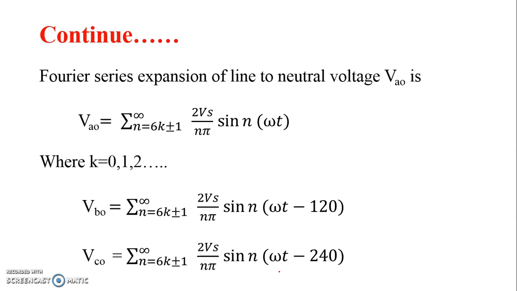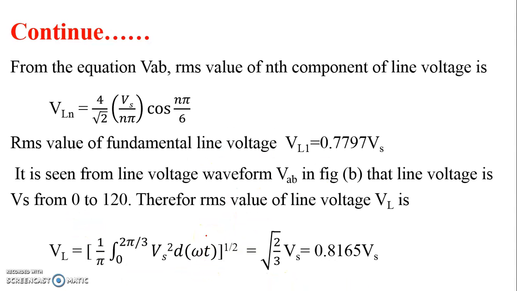Next is the Fourier series expansion of the line to neutral voltage. That can be expressed by VA naught equal to the summation for n equal to 6k plus or minus 1 up to infinity of 2 Vs by n pi sin n omega t. Here the k value is 0, 1, 2, up to infinity. In the same way, VB naught and VC naught are the same, only the angle differs.